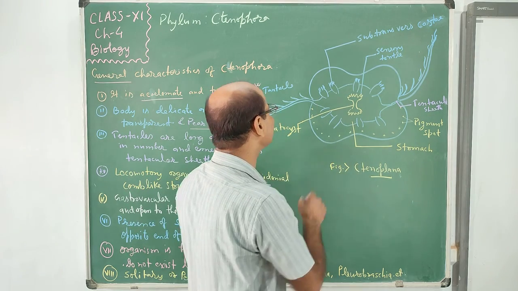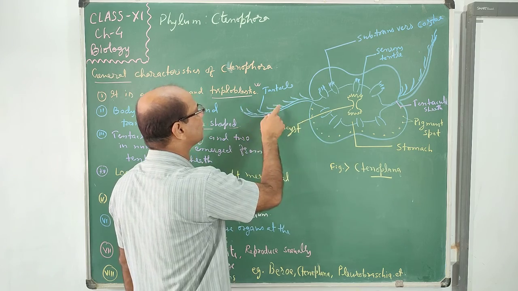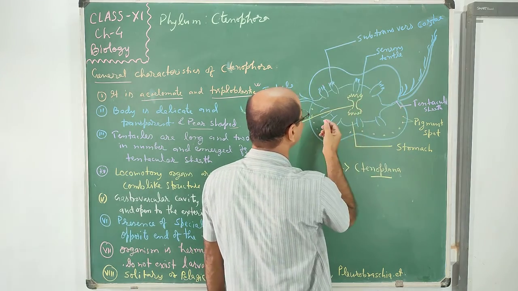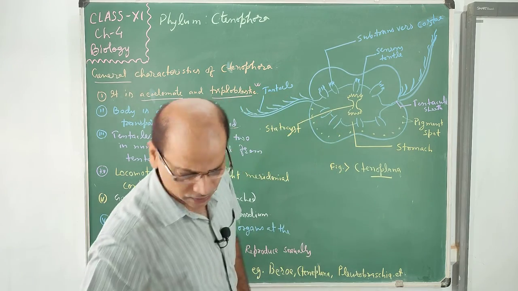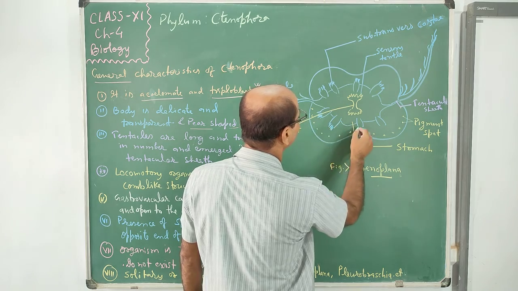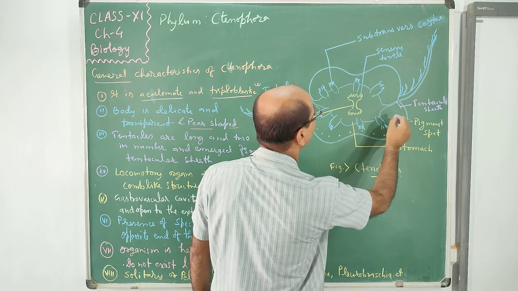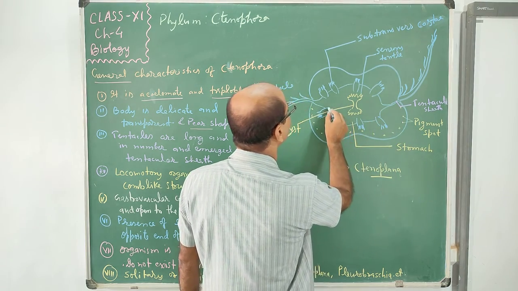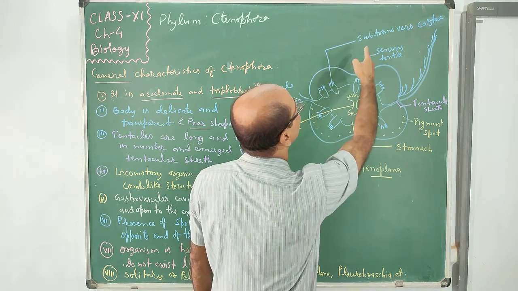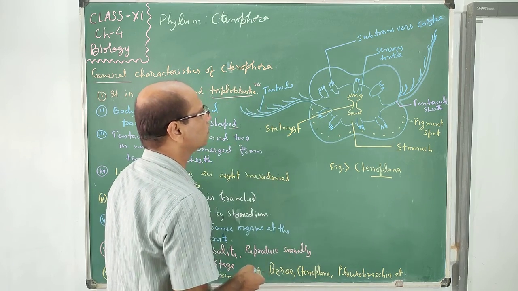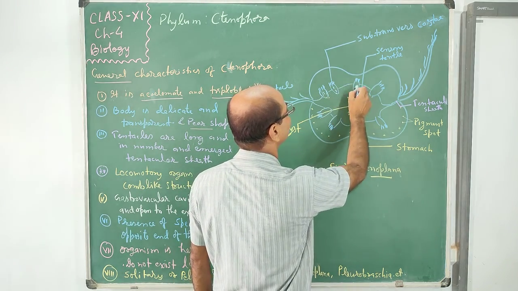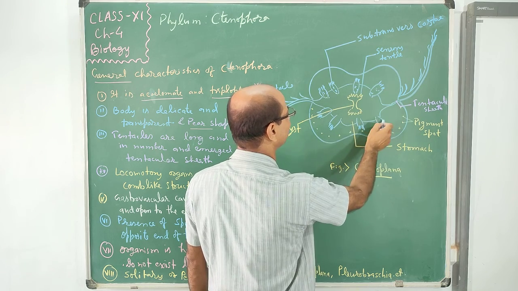In this structure, you will see the tentacles here. 8 tentacles are here, and these are the sub-transverse costae, found beside the stomach.